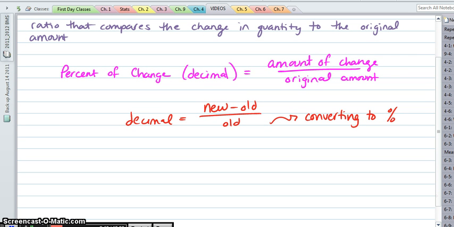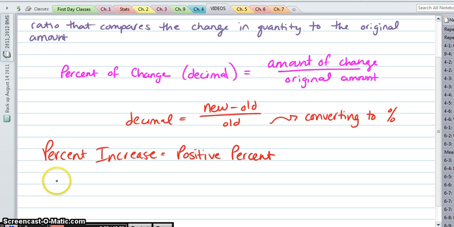If the percent is positive, the percent of change is a percent increase. A percent decrease is represented by a negative percent.